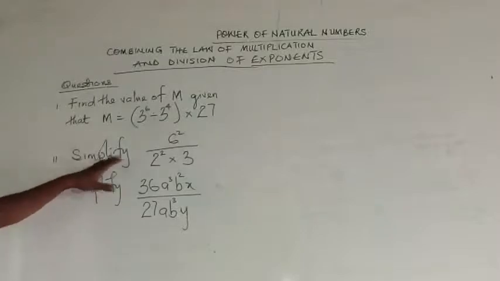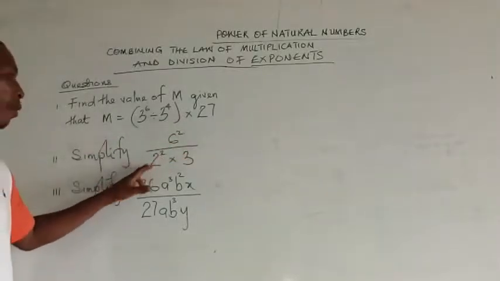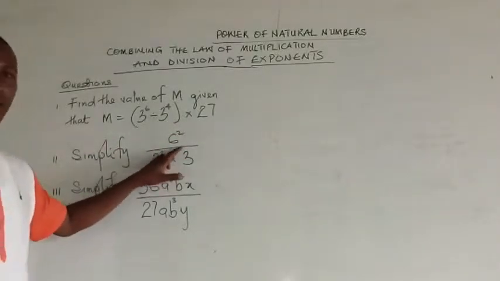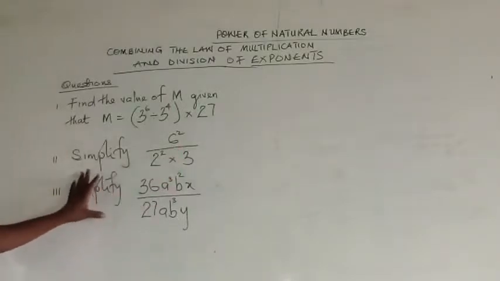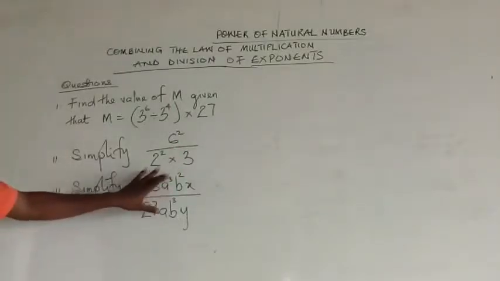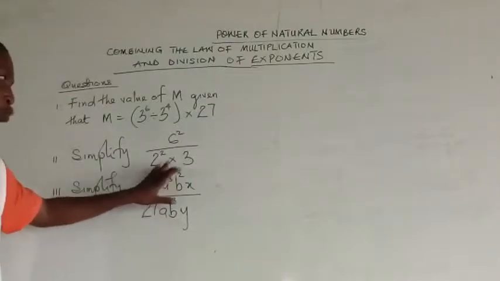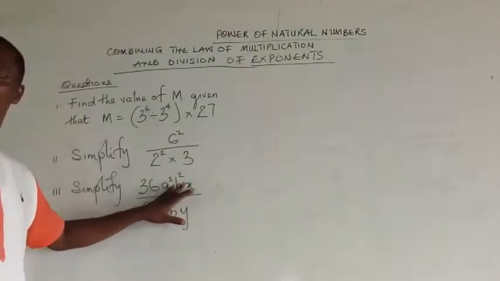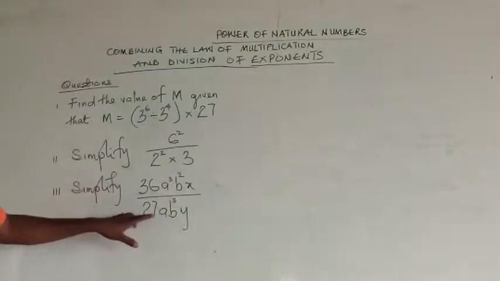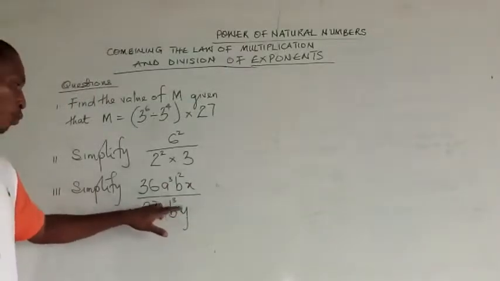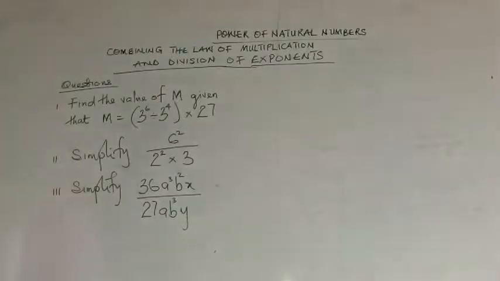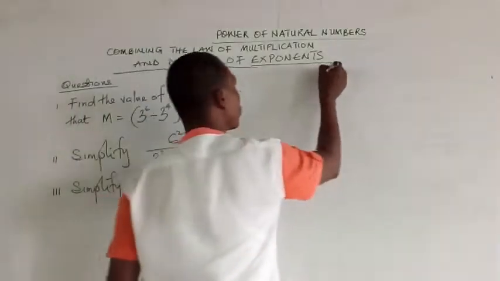Simplify 6 to the power 2 divided by 2 to the power 2 times 3. We also go further. Simplify 36a cubed b squared x divided by 27ab cubed y. So we are going to look at it one after the other. So we look at the solution.